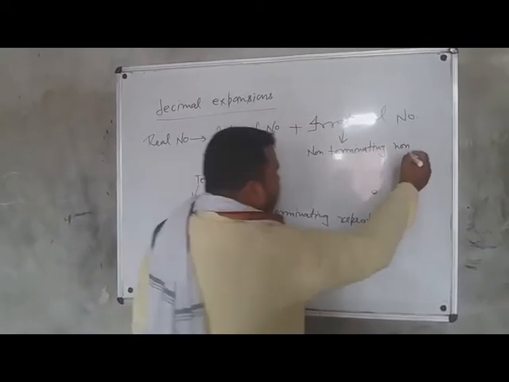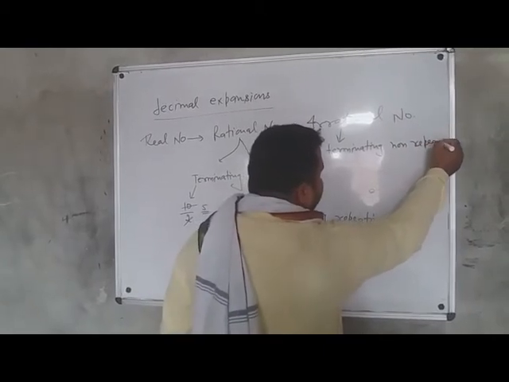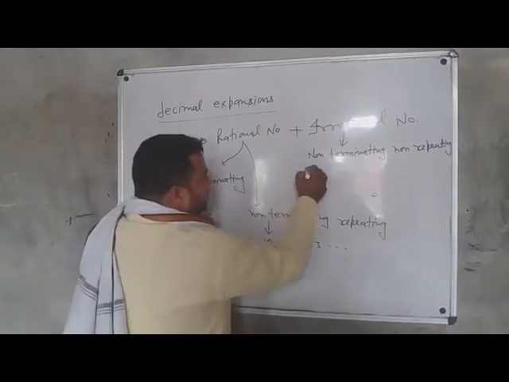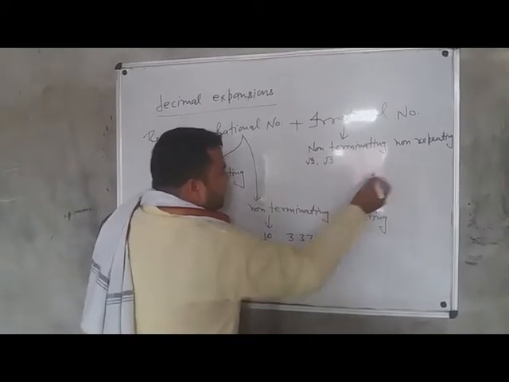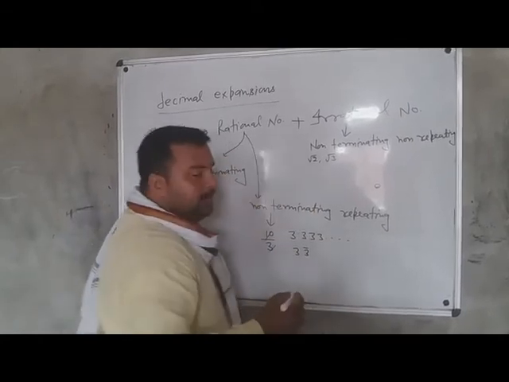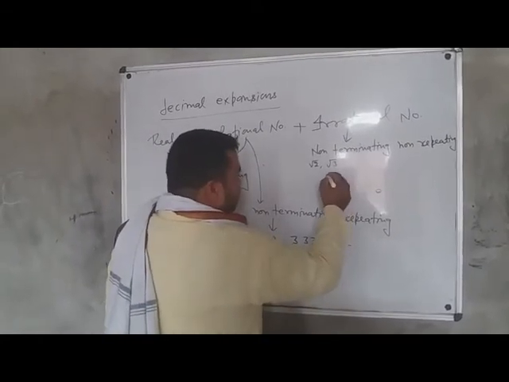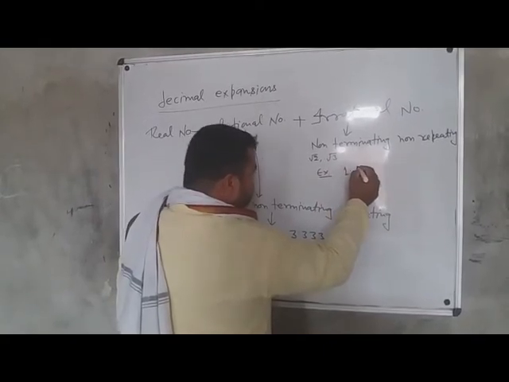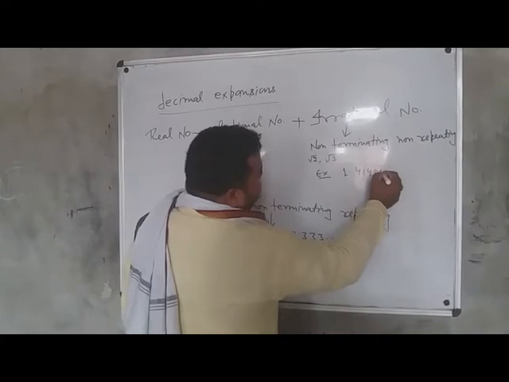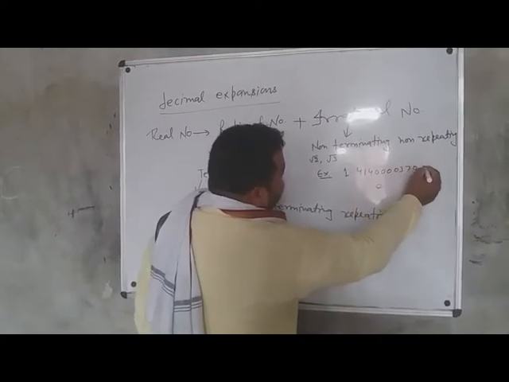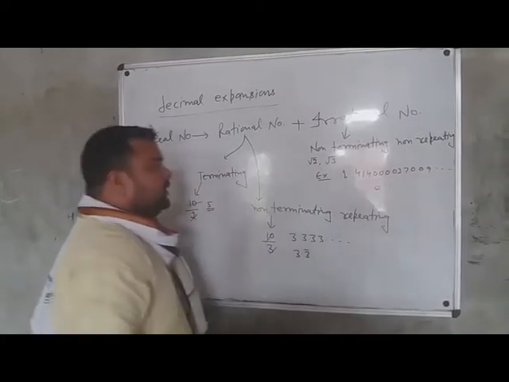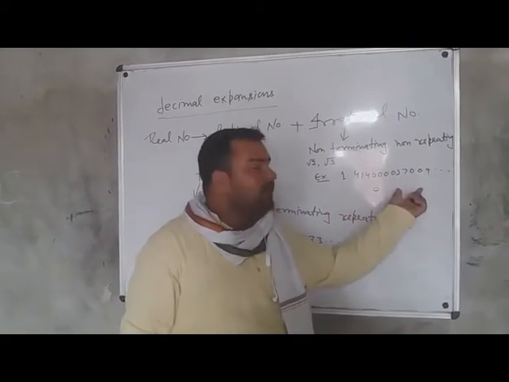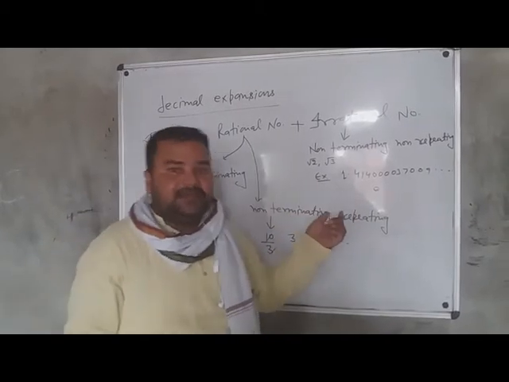If you solve root 2 or root 3, the digits will keep coming, for example 1.414... and you will not find any pattern.